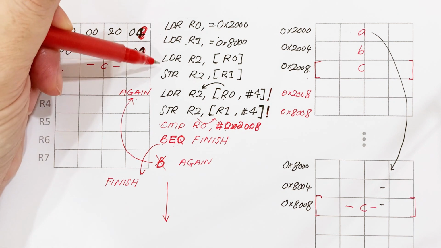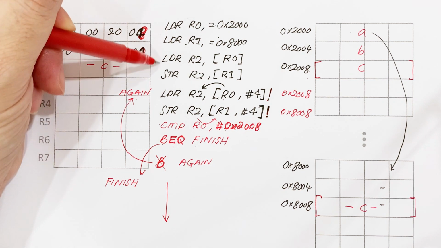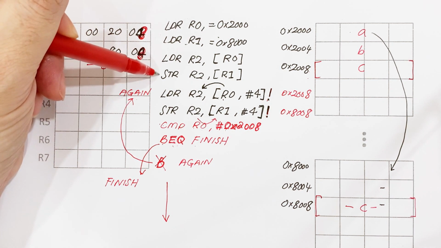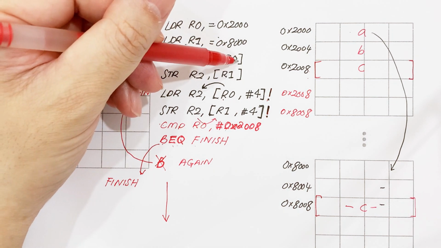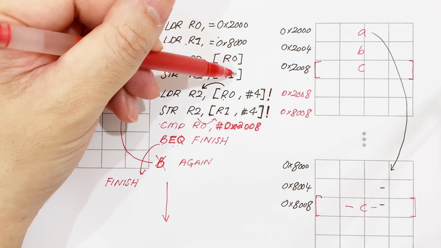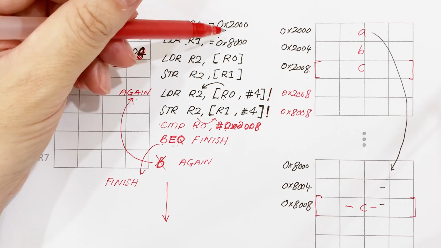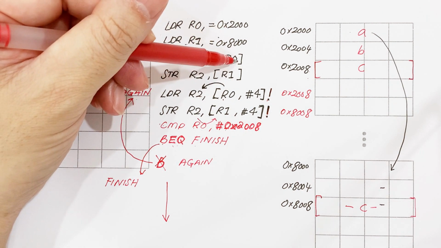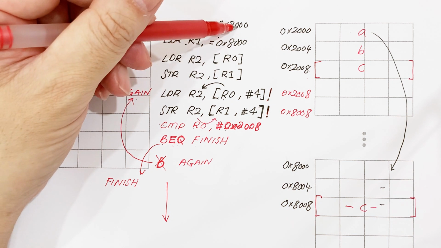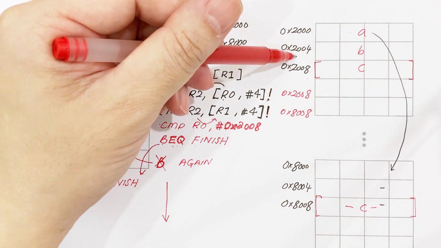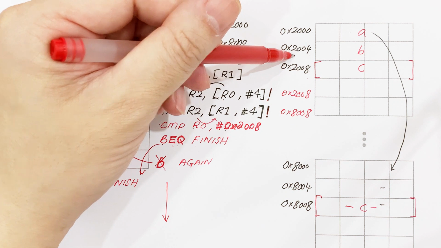There is something we could do about these two lines at the beginning, because we could not put any immediate offset the first time. We start with 2000, and if we have an offset of 4 there, we basically tell our processor to start with 2004.